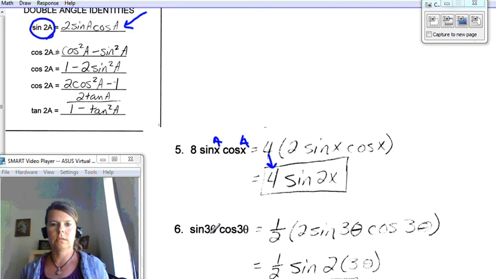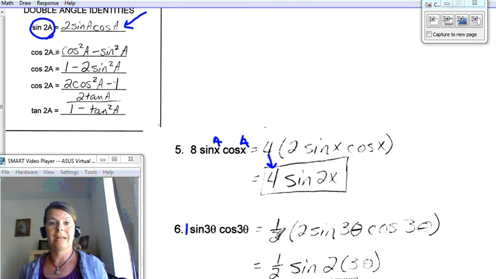Okay, the next one's sine 3 theta cosine 3 theta. Oh, okay, so it looks like this one again. But what it has in front of it is a 1. So if I factor out to make it a 2 right here, we can factor out a 1/2 because 1/2 of 2 makes that 1 right there.